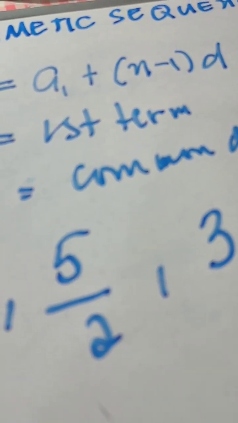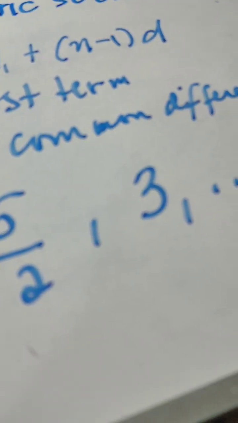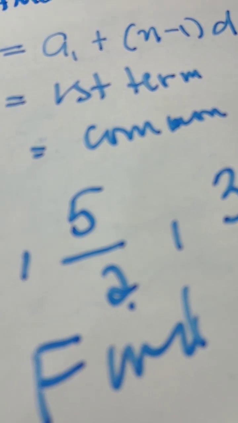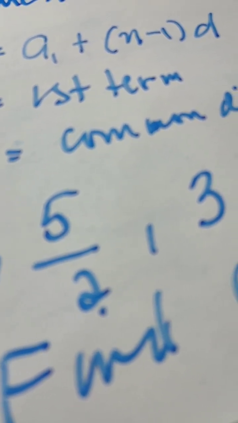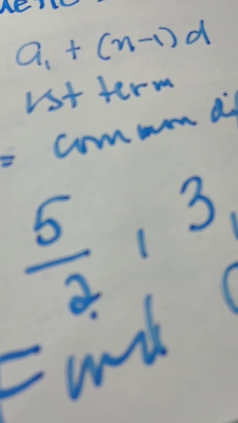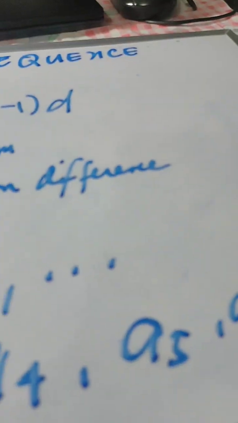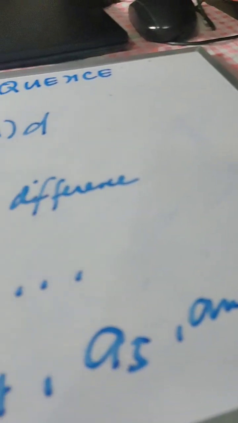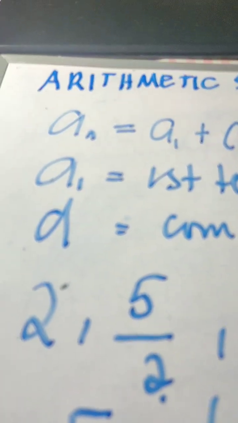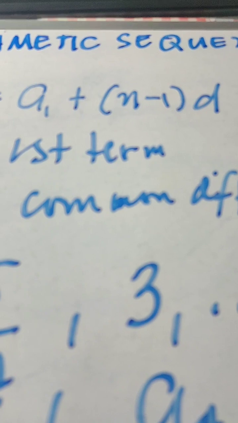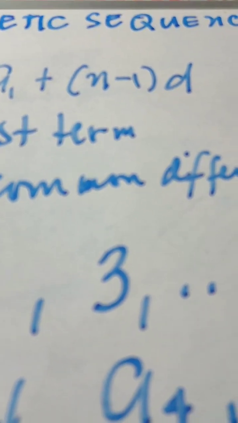Okay, so we need to find the next term, or let us say find a sub 4, a sub 5, and a sub 8, for example. So in that case, we can find this unknown using the formula. So what is the formula? We have a sub n is equal to a sub 1 plus n minus 1 quantity times d.